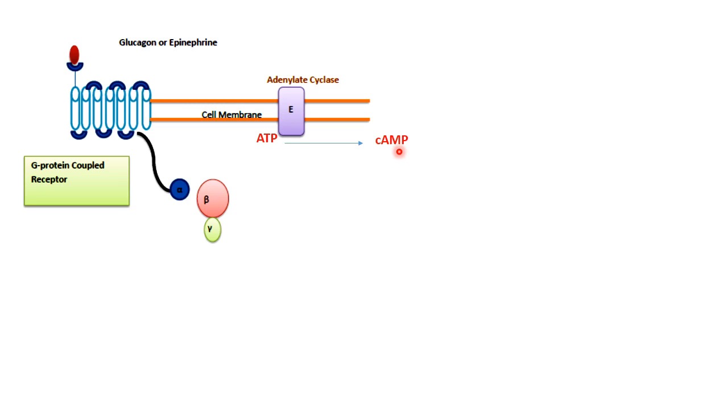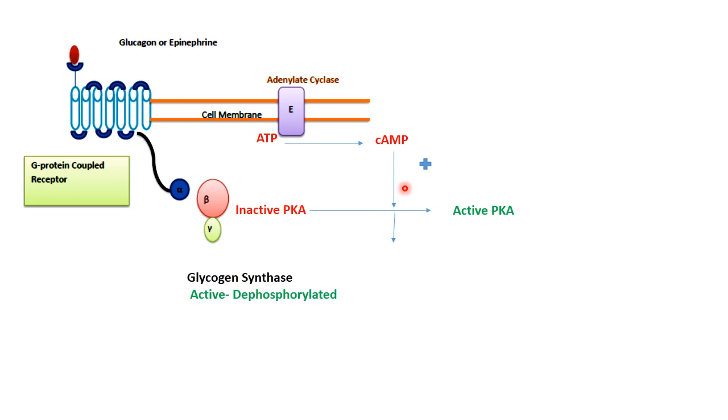Now, this cyclic AMP will activate the enzyme cyclic AMP dependent protein kinase. Now, this active protein kinase, what will it do?